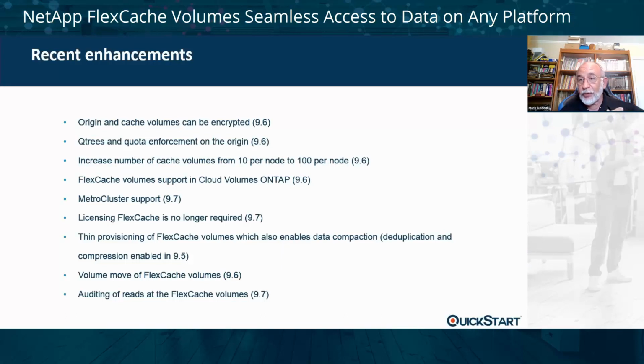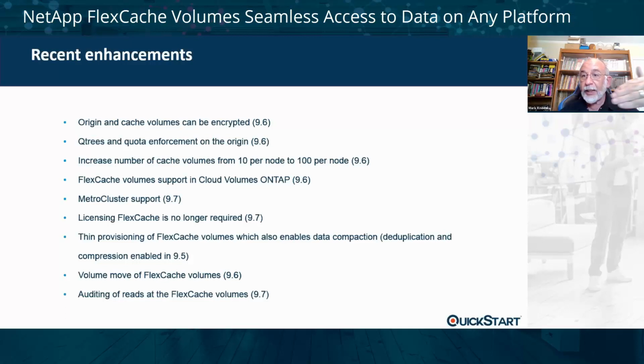A big change, I think this is going to be a huge change from the standpoint of user acceptance, is originally, when this rolled out, there were capacity licenses for FlexCache. And to use more cache, you needed to spend more money. Now there's no longer a license. The cache has always supported deduplication and compression.